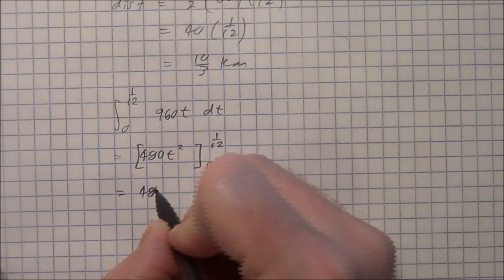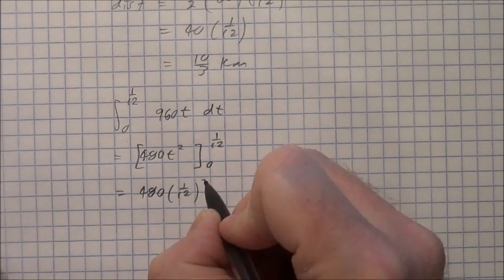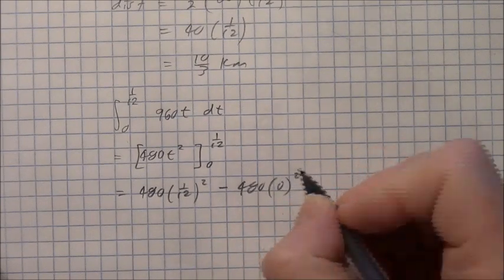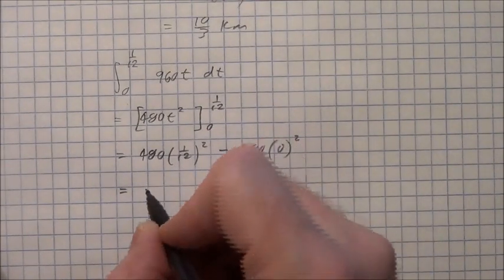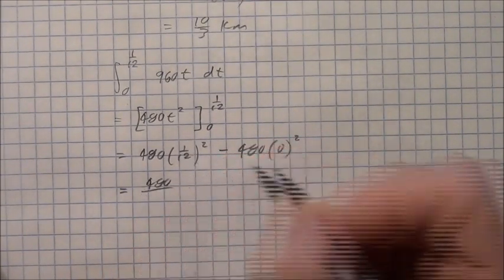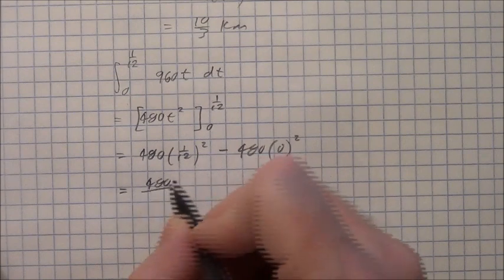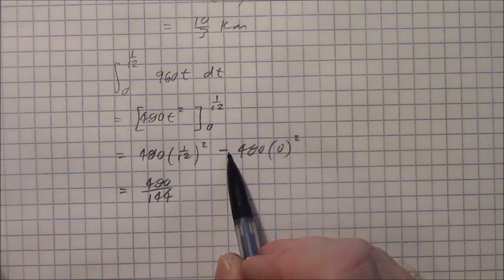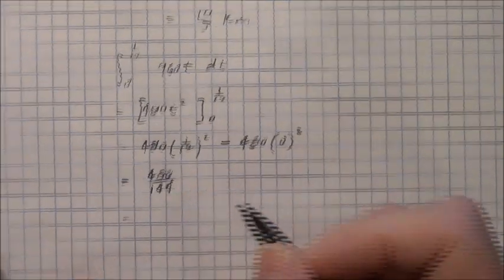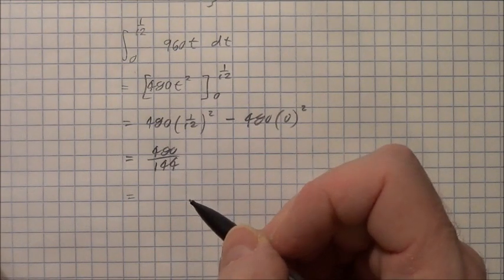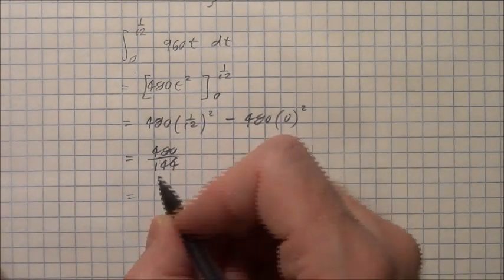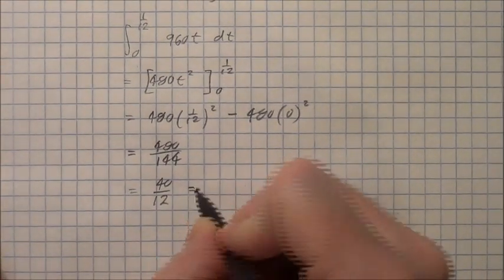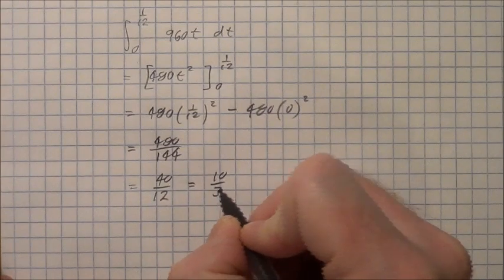That's 480 times 1/12 squared minus 480 times 0 squared. 1/12 squared is 1/144, so 480 divided by 144 minus 480 times 0, which is just 0, leaves 480 over 144. That would be 40 over 12, which again gives us 10/3 of a kilometer.